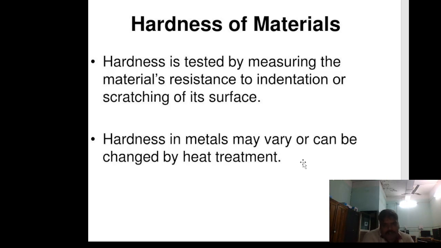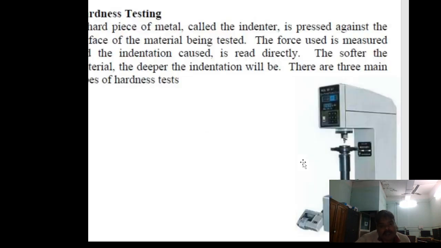Hardness of a material. Hardness is tested by measuring the material's resistance to indentation or scratching of its surface. Hardness in metal may vary or can be changed by heat treatment. By quenching, you can increase the hardness. By doing the annealing process, you can make the material soft.